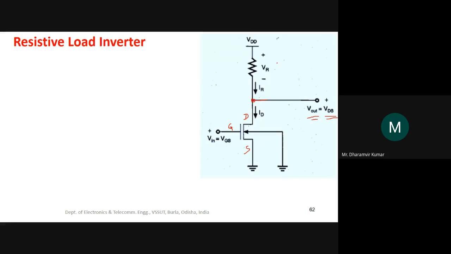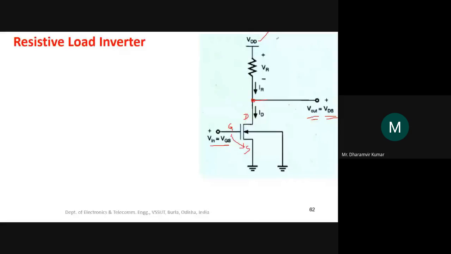This is the supply voltage, and the input voltage is applied at the gate terminal of the NMOS device. This is the input voltage V in, and in this case it is also equal to VGS, the voltage between gate and source.